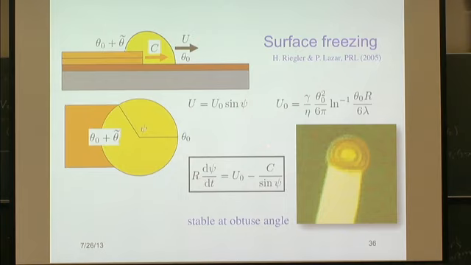And what we see there is that there is a stable propagation when this angle is less than 180 degrees. This part is less than pi. And this is indeed the shape of this droplet.